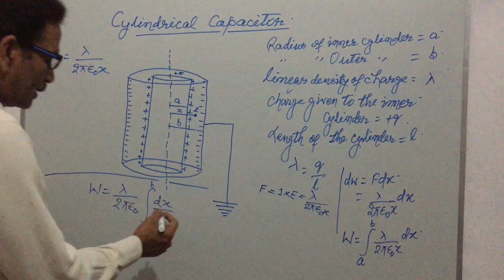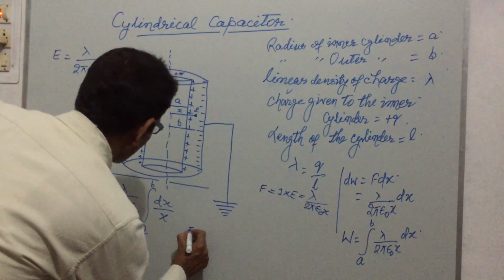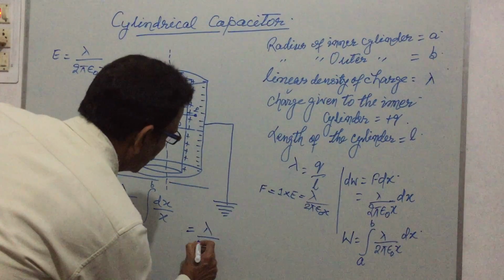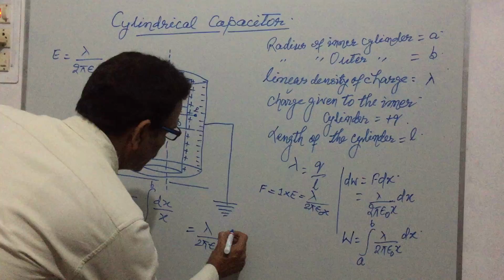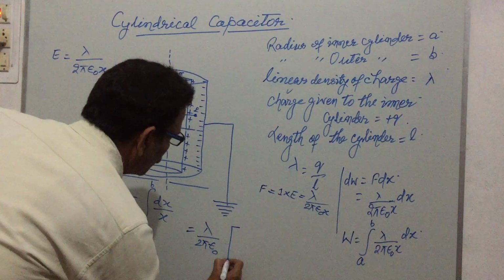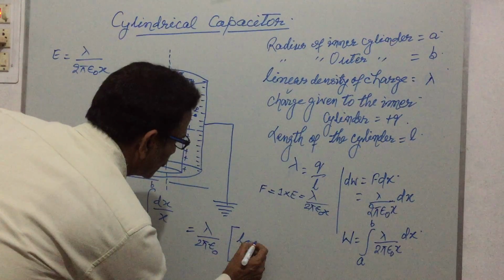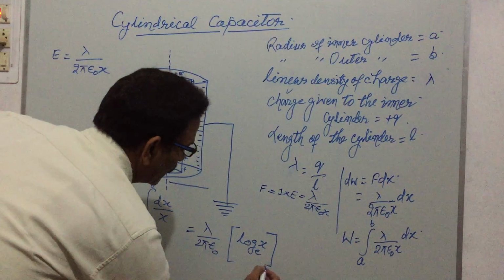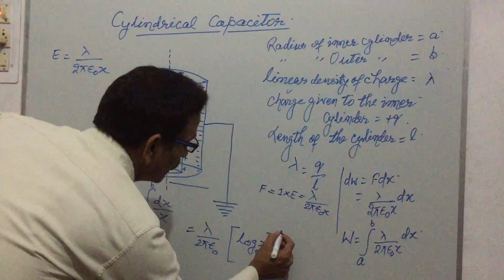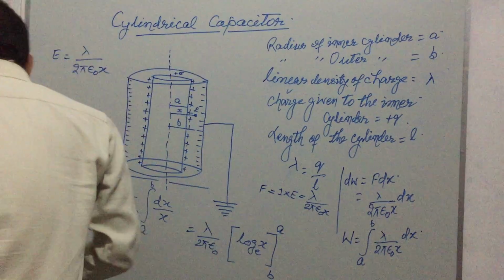So we'll write this work done equal to lambda by 2 pi epsilon naught into log of x at the base e, with lower limit A and upper limit B.